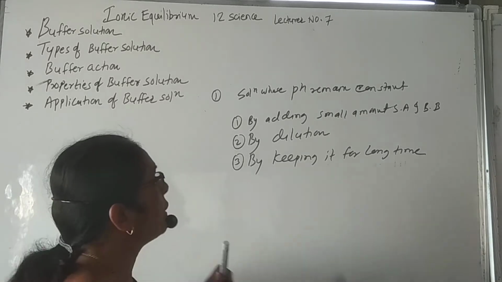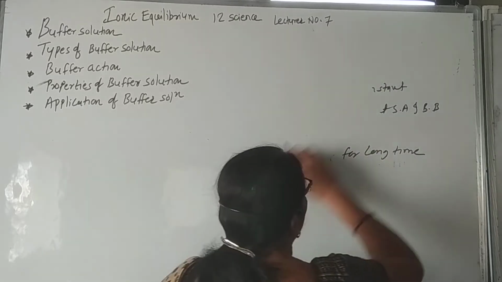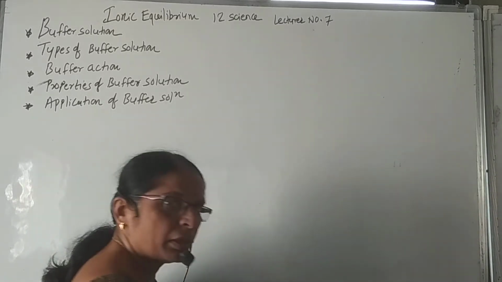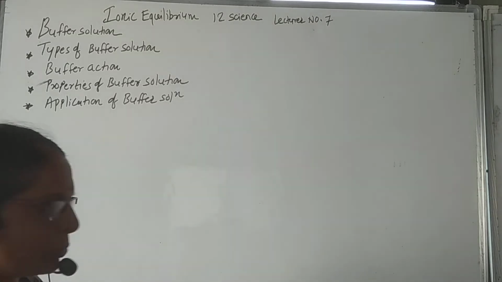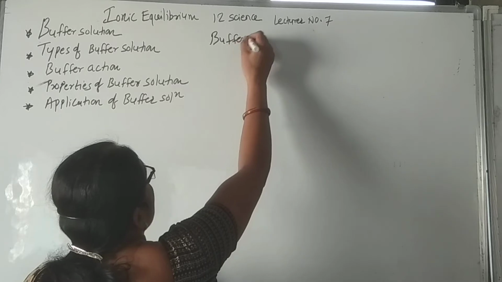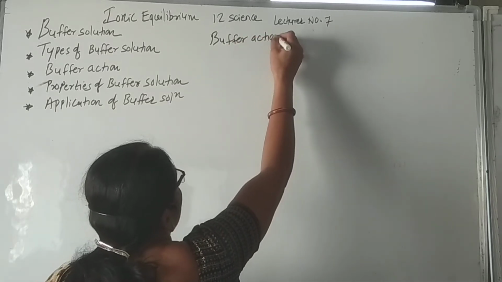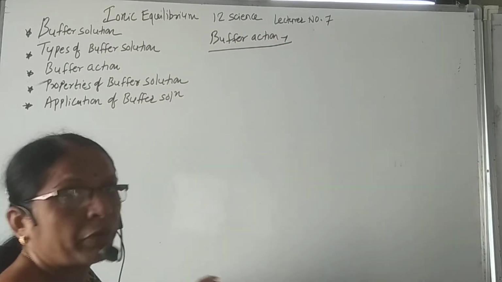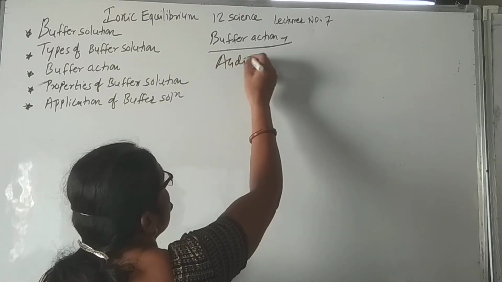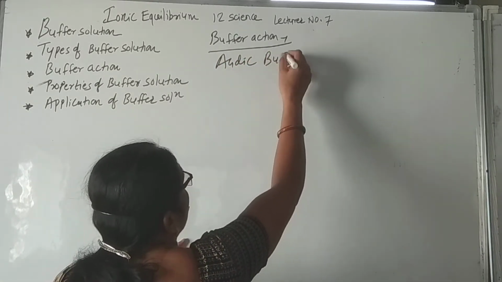Now let us consider how a buffer can keep its pH constant on adding a strong acid or strong base. The action given by a buffer is called buffer action. To consider the buffer action, I take the example of an acidic buffer.